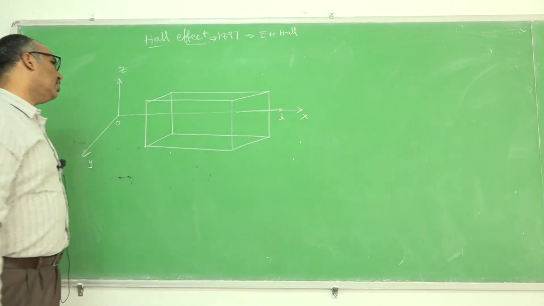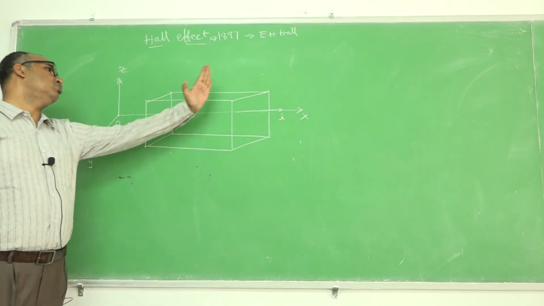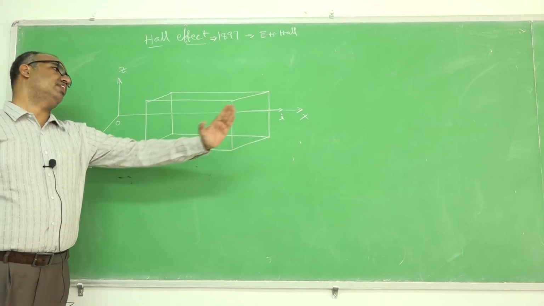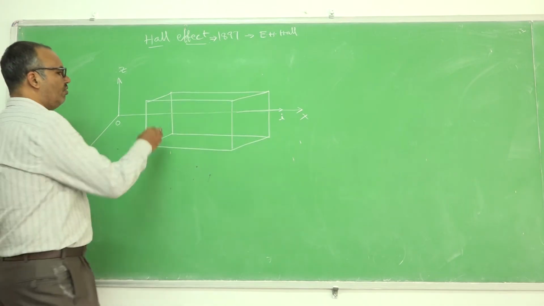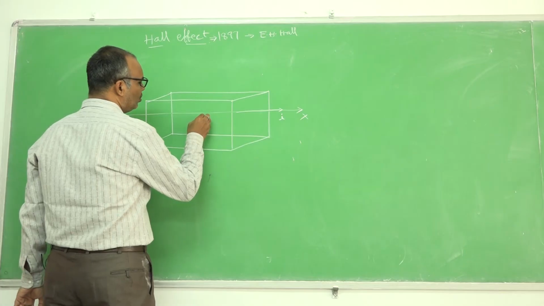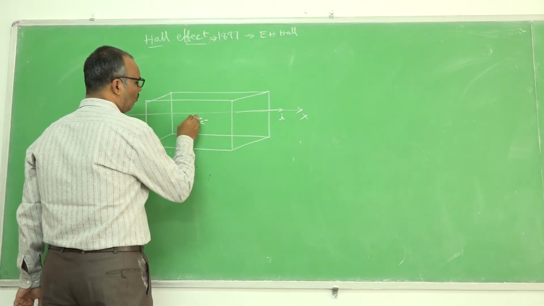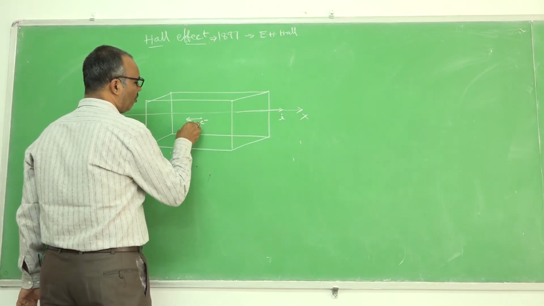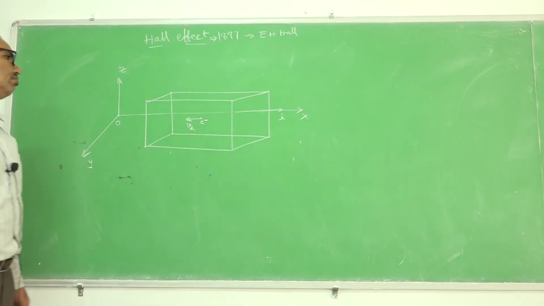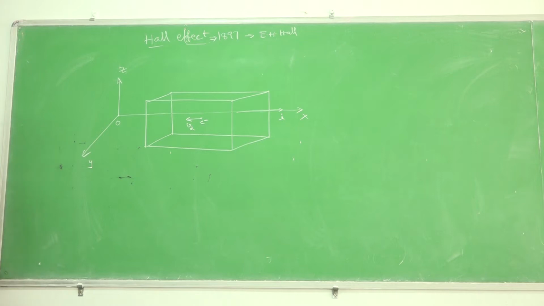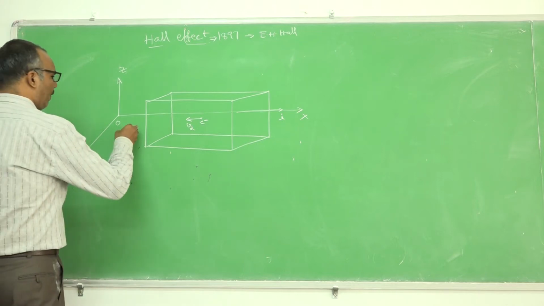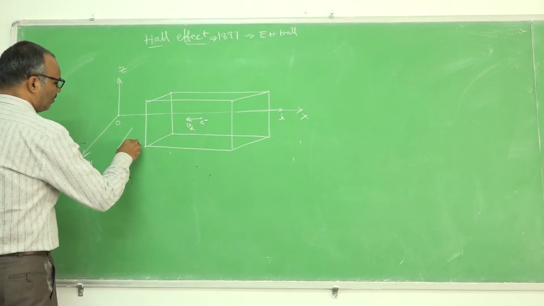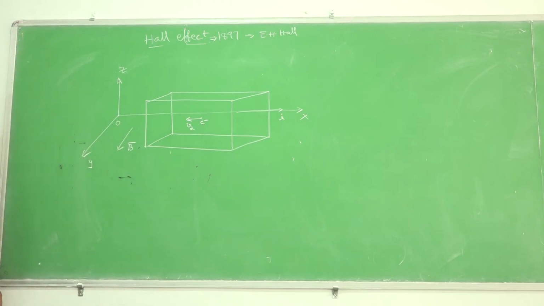Current is passing through these two cross sections like this. Conventional current is going like this, which means each and every electron will have a drift in the opposite direction. Here current is moving along the x-axis and the magnetic field is applied parallel to the y-axis.